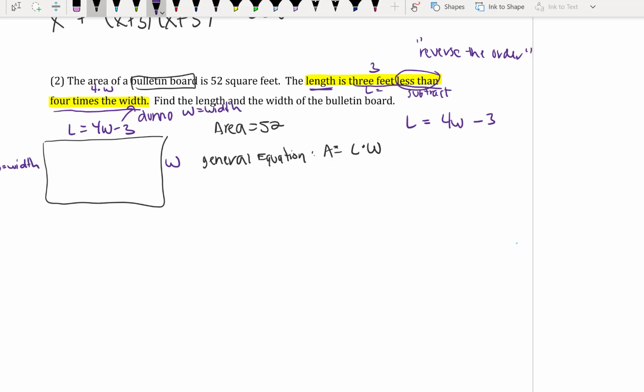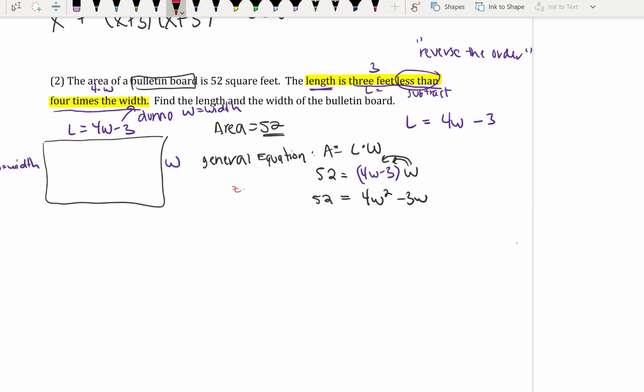So now, since I have this equation of area is equal to length times width, we already know that the area was 52. The length, we are saying it is my 4W minus 3, and it's being multiplied by that W. So what we do, we are going to distribute that W inside, so that 52 is equal to 4W squared minus 3W.